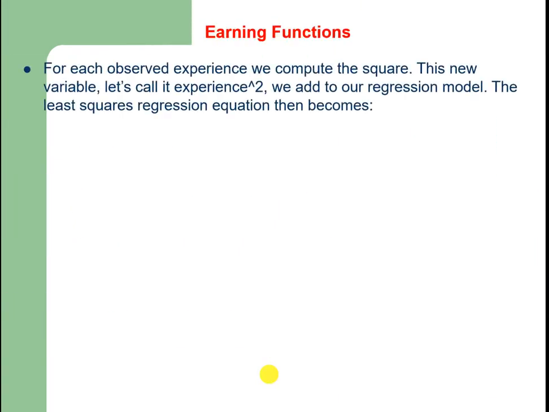For each observed value of experience, we compute the square. Let us call this new variable experience squared, and if we add it to our regression model, the least squares regression equation then becomes: yi is equal to beta naught hat plus beta 1 hat x1i plus beta 2 hat x1i squared plus vi.